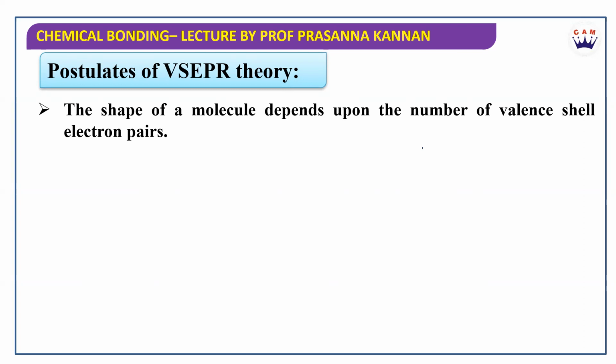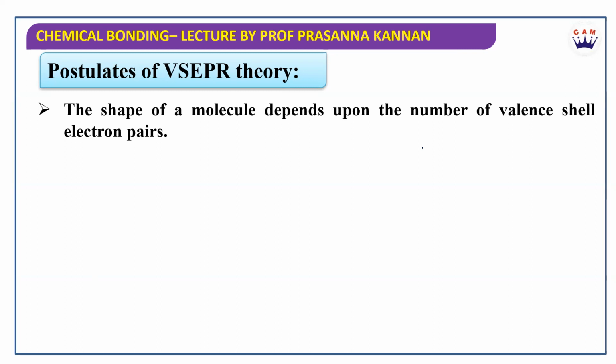They could be either bonded electron pairs or they could be what? Lone pair of electrons. What do you mean by lone pair of electrons? Excellent answer. So these are pairs of electrons which are present in the valence shell of the atom but are not involved in the bonding process.